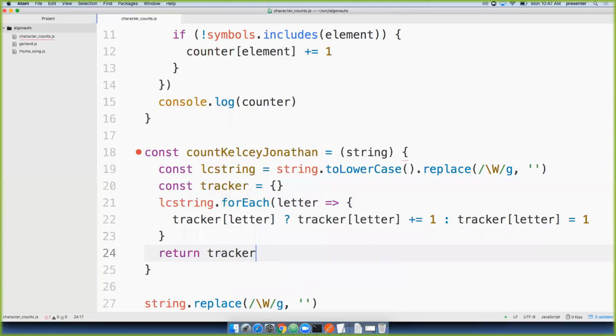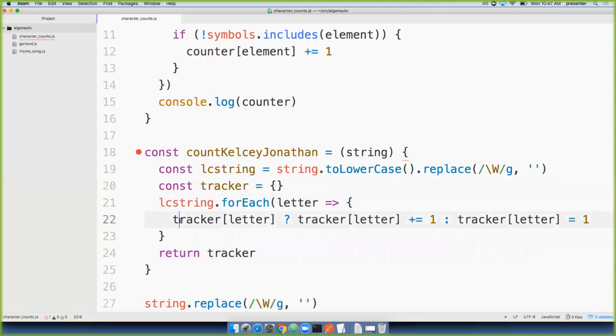What's the runtime? Right. N squared. Why? Because you've got that for each, and that's about it. So N squared would mean that inside the for each, what I was doing depended on the number of letters.